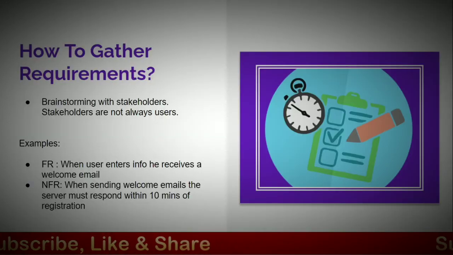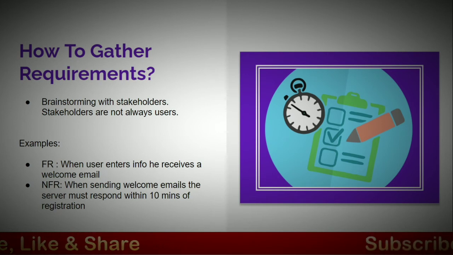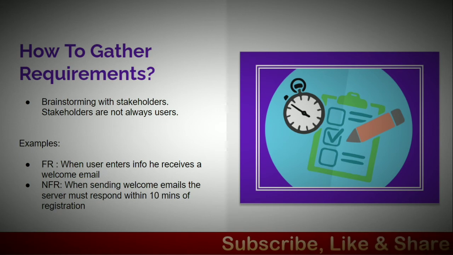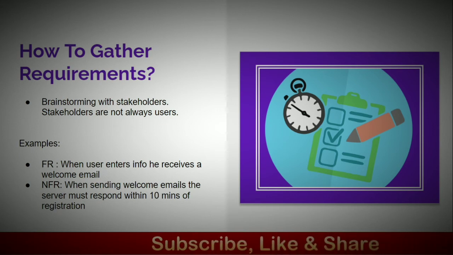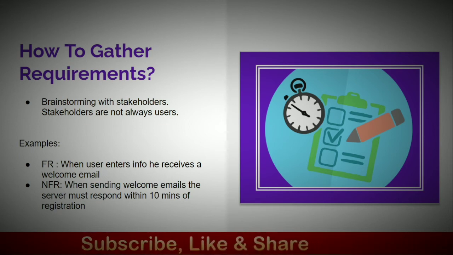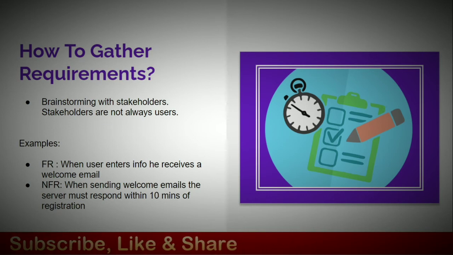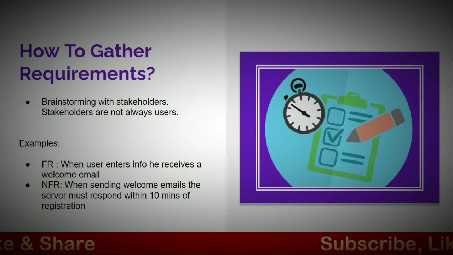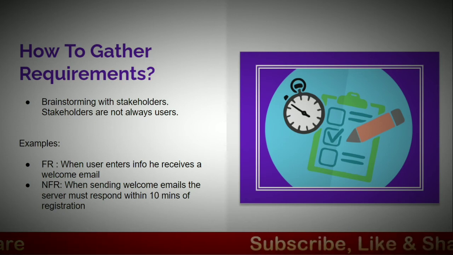Now, an important question is how really to gather these kinds of requirements. So definitely we need to brainstorm with different stakeholders associated with the product development process at various levels in the organization. One important thing to keep in mind is that not all stakeholders are always users.